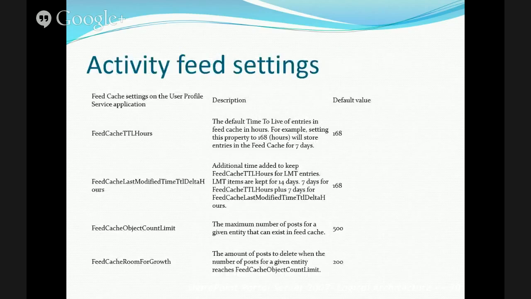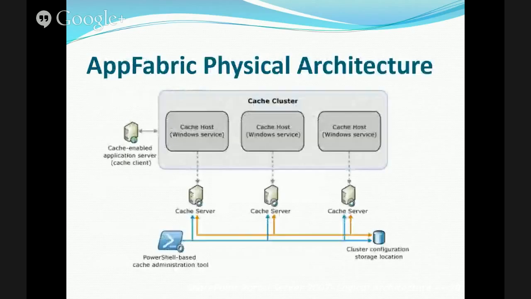Now that we have seen some of the areas where caching is implemented, how is this distributed caching logically done? So we are going to be looking at the architecture. Usually this is how it happens. You have something called a cache cluster, where you have different Windows services running under different servers. Each server is called a server host, and they are all cache servers.